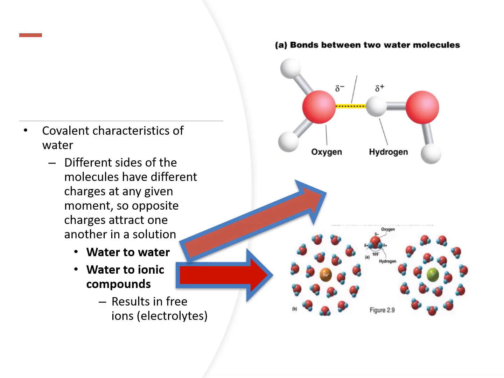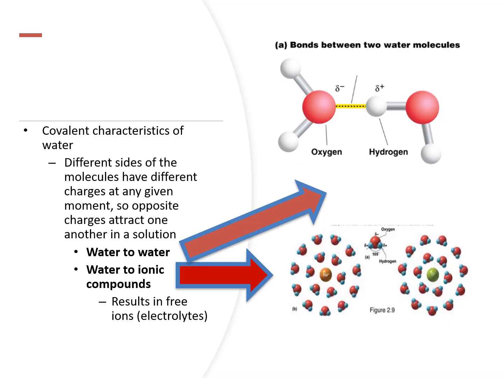In the same way, water is attracted to ionic compounds. So if you put salt in water, water is going to be attracted, both its negative oxygen part and its positive hydrogen parts, to the different sides of each of those ions, and it will actually pull those ions apart.